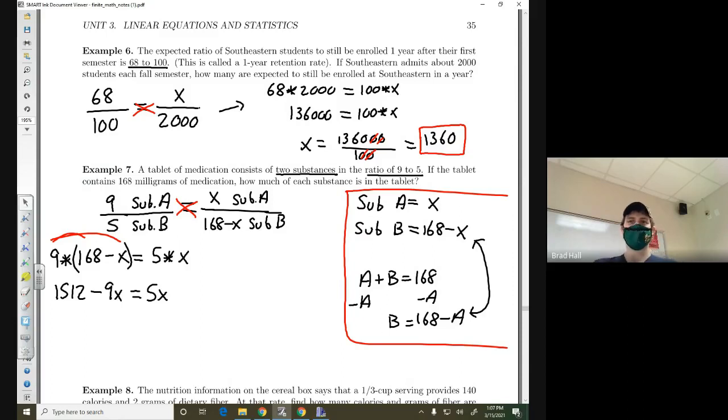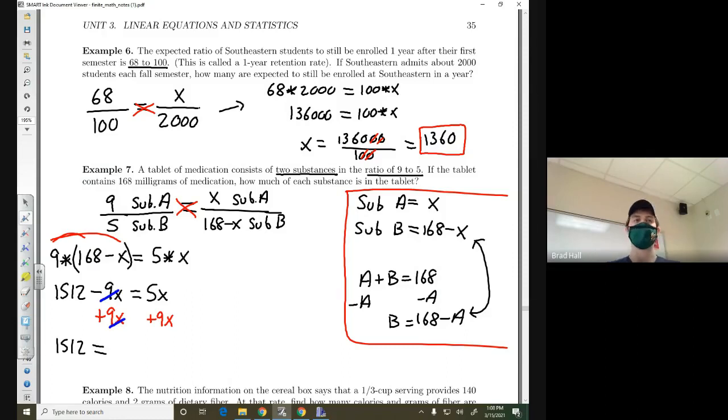Add 9x. Gonna add 9x on both sides. Those are called like terms. We're adding because that's the opposite of the subtracting that the 9x is doing. Cancel, cancel.